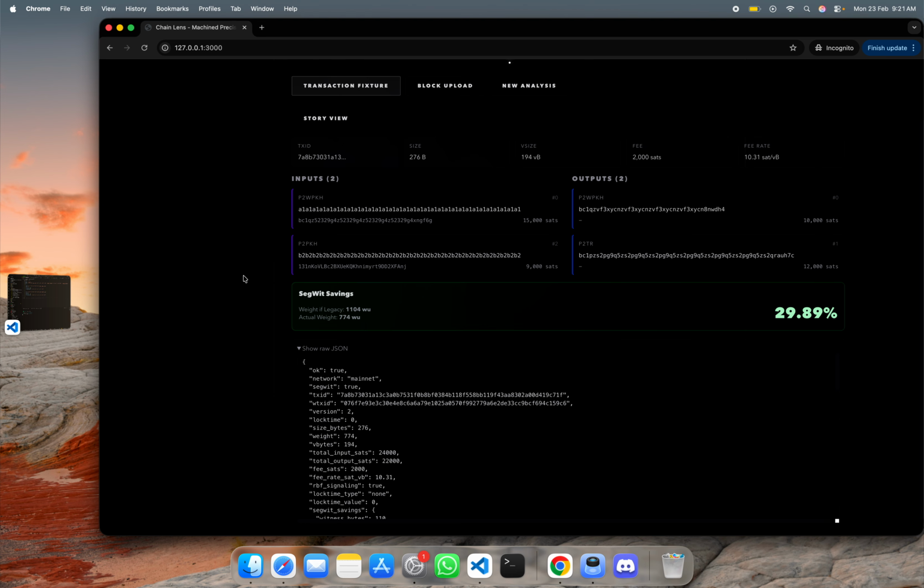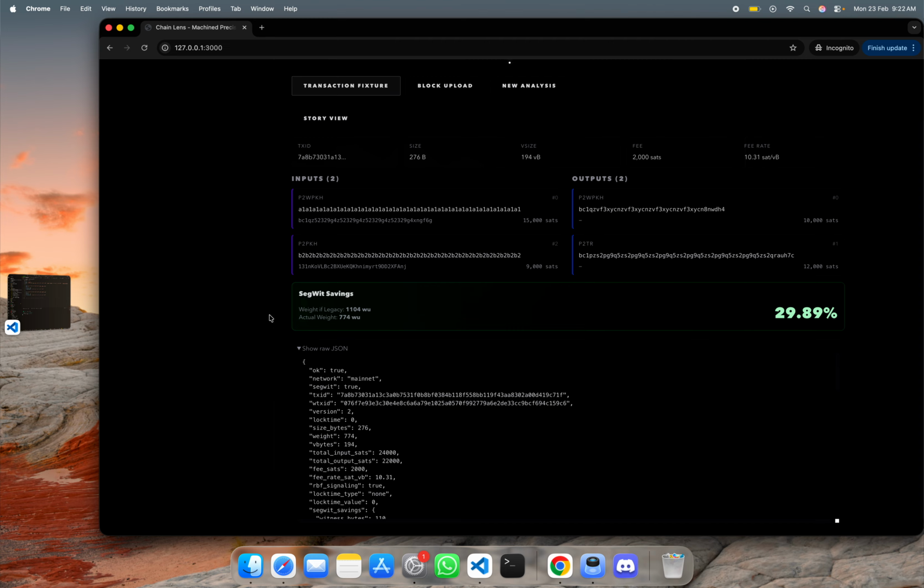And the SegWit savings and weight explanation. Weight if legacy equals 1104 WU, hypothetically, if the same transaction used legacy serialization.